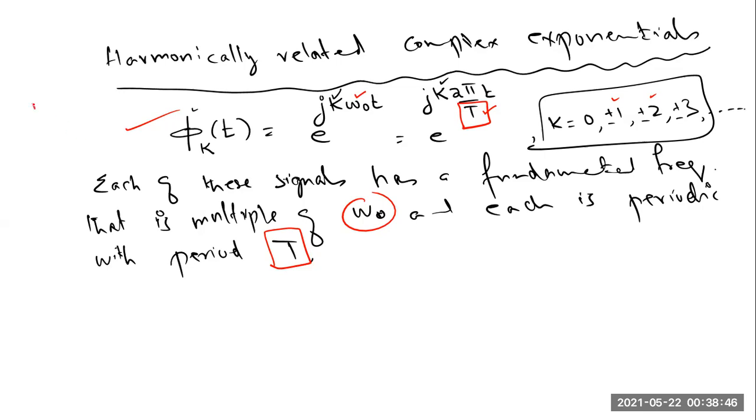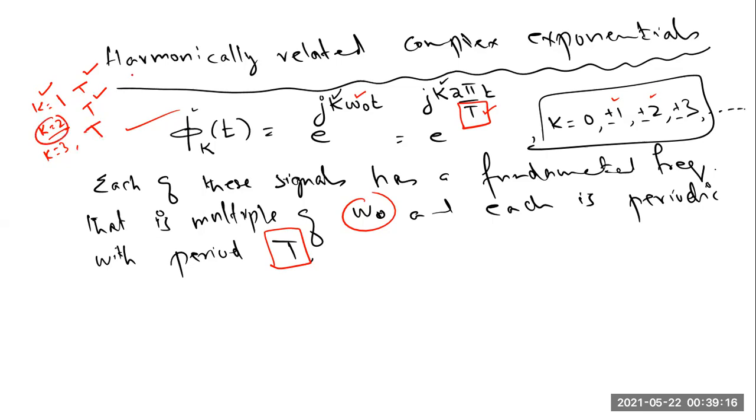So for k equal to 1, the period was T. For k equal to 2, T is the period. For k equal to 3, T is going to be the period. But what is the difference? T is the fundamental period for the first signal, but for the second signal capital T is not the fundamental period, but it is still the period. For k equal to 3, capital T is the period, even though it is not the fundamental period.